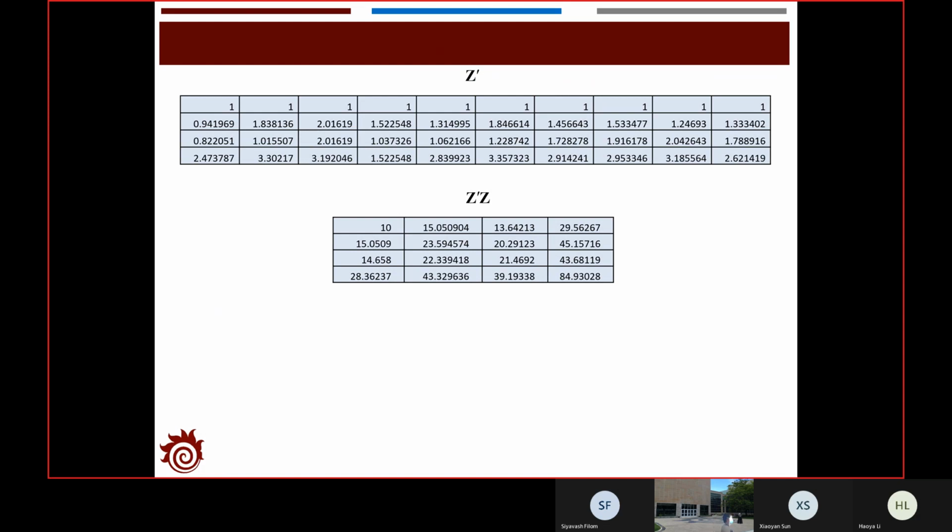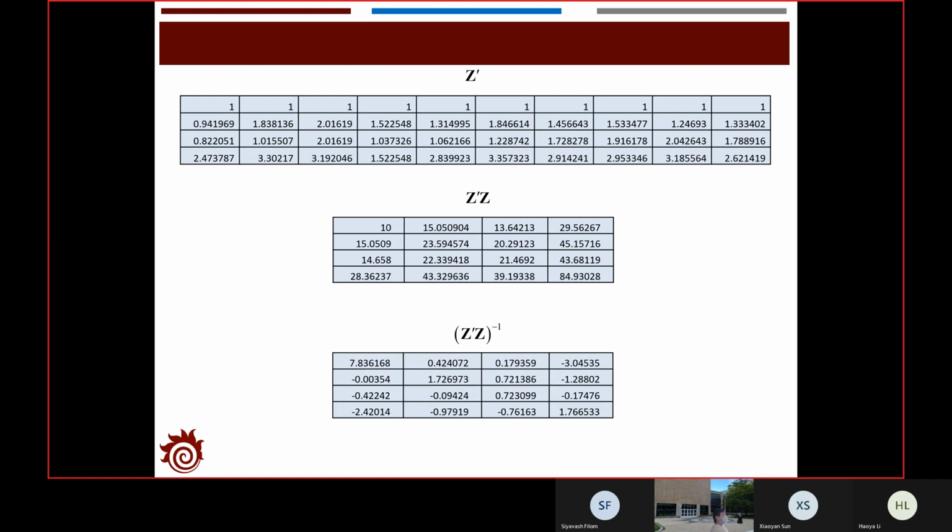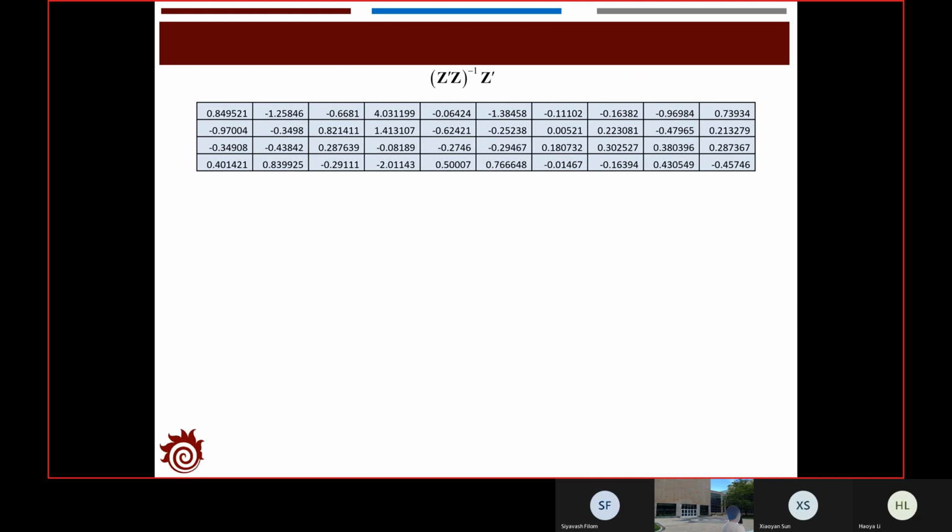Obviously you need to use some programming language or Excel to do the calculation and find the inverse of Z prime times Z. Then calculate the value of this inverse times Z prime. It's another 4 by 10 matrix.